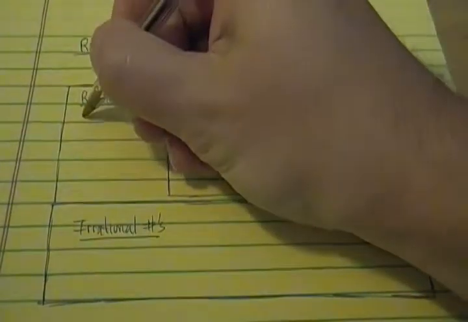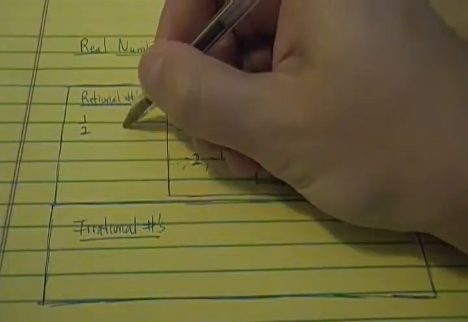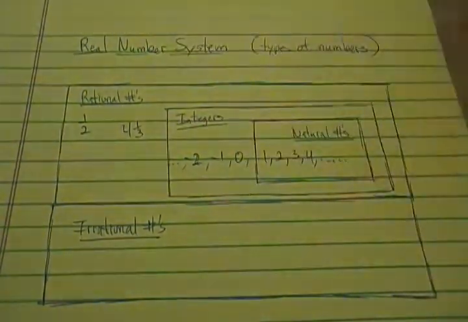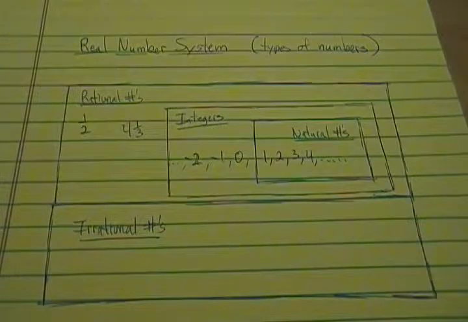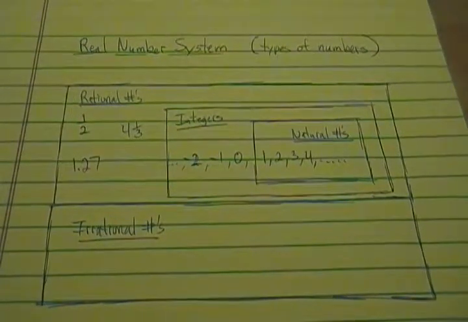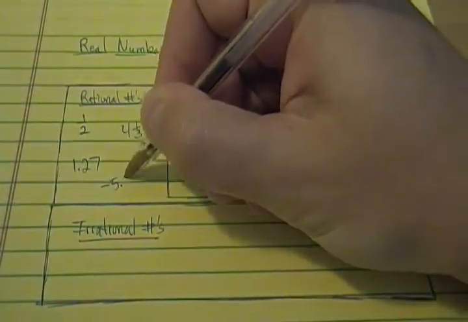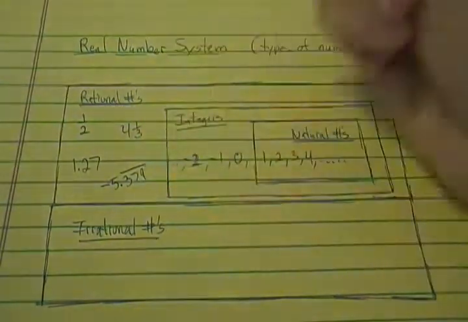The rational numbers include 1/2, that would be a rational number. A number like 4 1/3, a mixed number, which you could convert into a fraction if you wanted to. Also decimal numbers. Decimals that are what we call terminating decimals, so decimals that stop, something like 1.27. That would be a rational number because you could convert that into a fraction. But also repeating decimals, so a number like maybe -5.379 repeated.